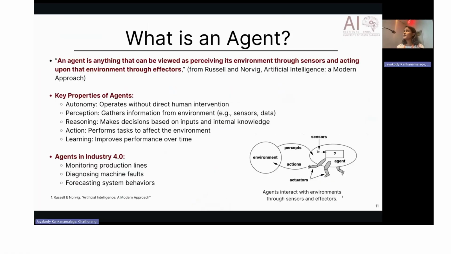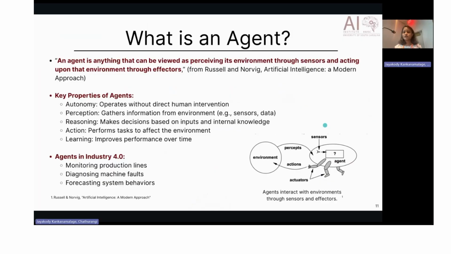For example, in manufacturing, agents might monitor sensors, detect anomalies, and trigger alerts based on the anomalies they detected. But when the complexity of the real-world environment grows, and tasks become more interdependent, a single agent acting alone is not enough.